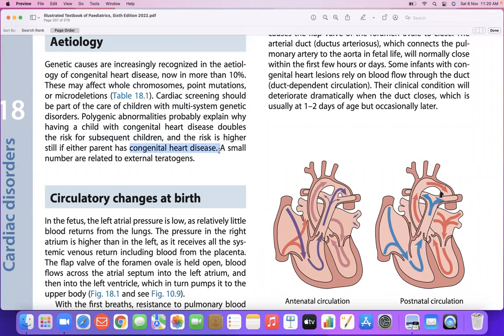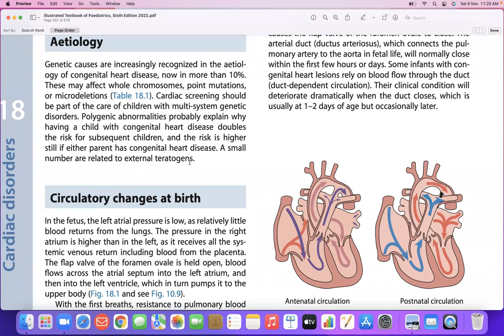So there is a familial relation here. If it comes as a history case, family history and other siblings having congenital heart disease becomes very important here.